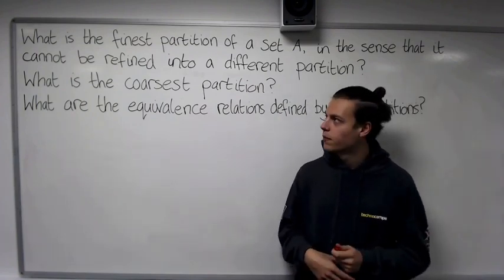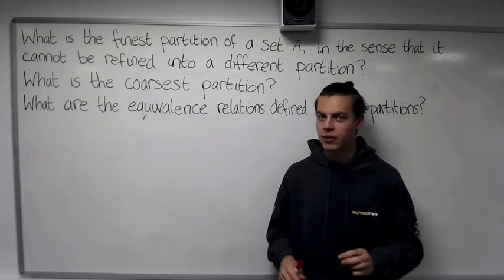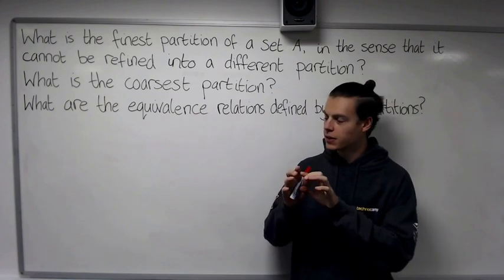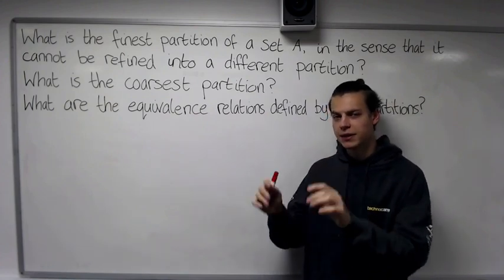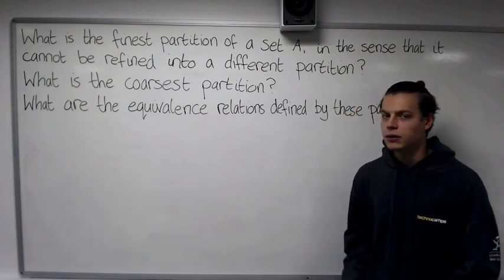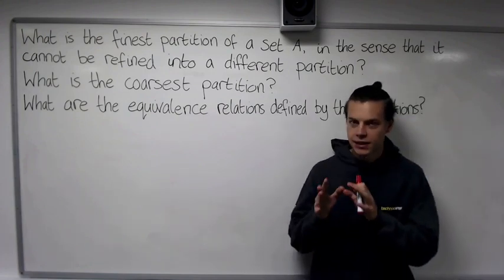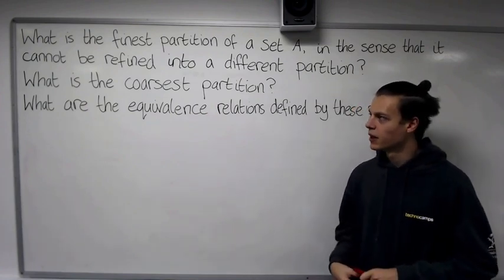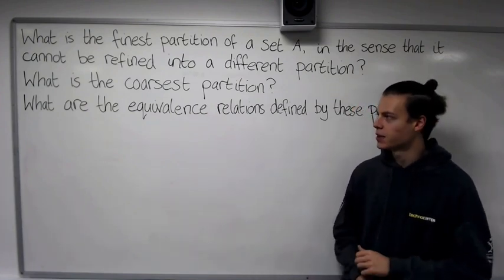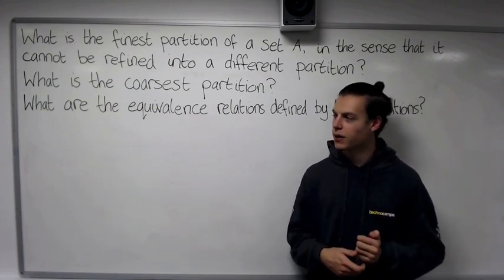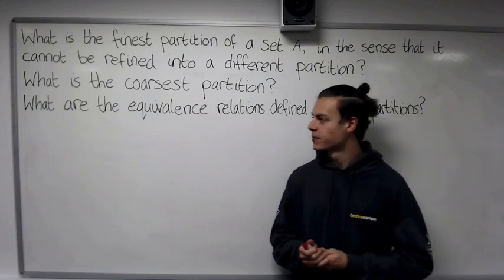And we're asking for the partition that cannot be refined further, so that all of the groups in this partition cannot be split into smaller sets. So for this to be true, it must be the case that each of these groups consists of just one element. So the finest partition consists of exactly the singleton sets of all elements in A.